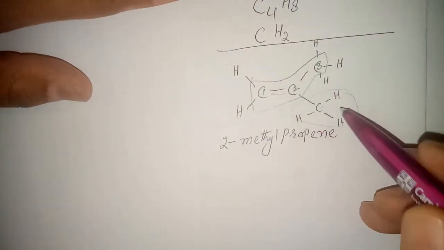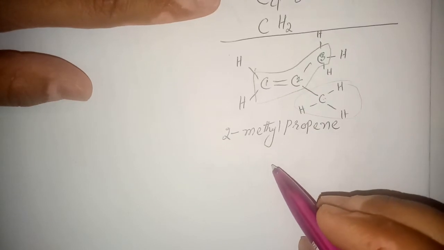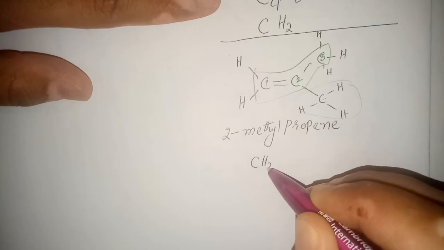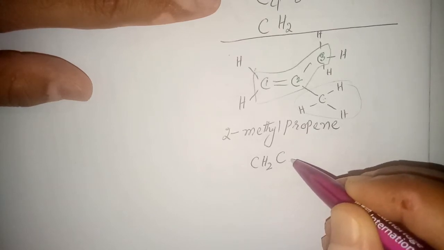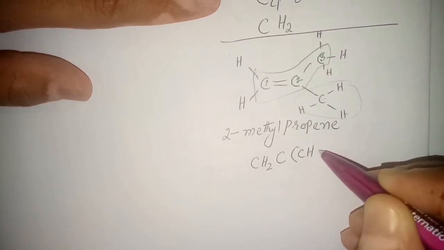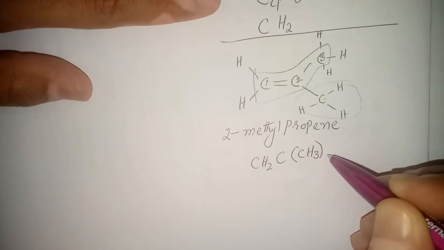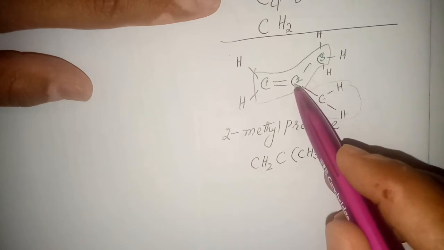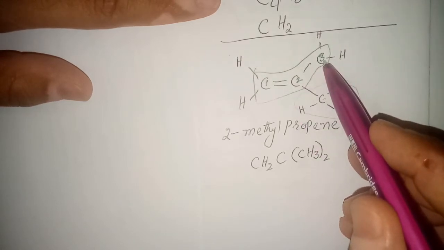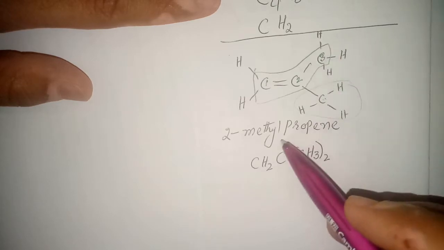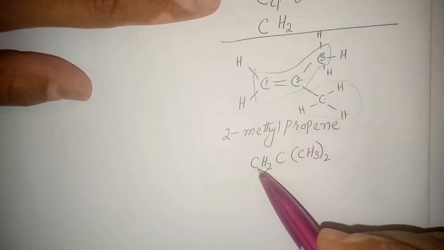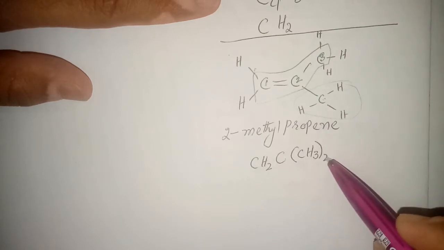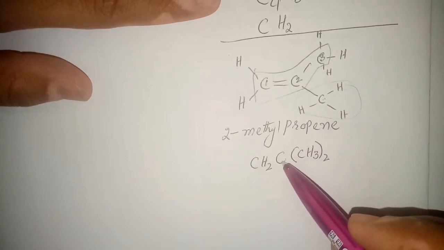This is the displayed formula, and now we are proceeding to the structural formula. So the structural formula will be CH2, then C, and we have CH3 whole twice. Remember, this carbon has a CH3 group on both sides. That is why we may write it as CH2C having 2 methyl groups connecting to carbon number 2.